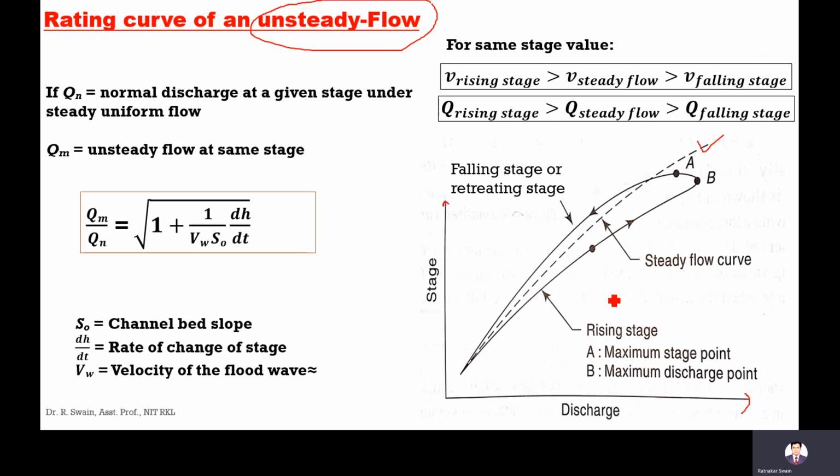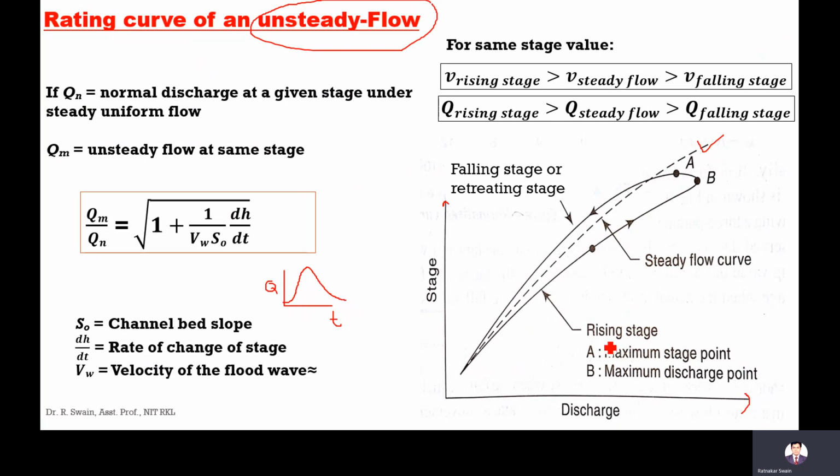But if there is unsteady flow, meaning one flood is coming and leaving, what will happen? Discharge will gradually increase, reach a peak level and then decrease. So the discharge versus time plot will increase, reach a peak and decrease.